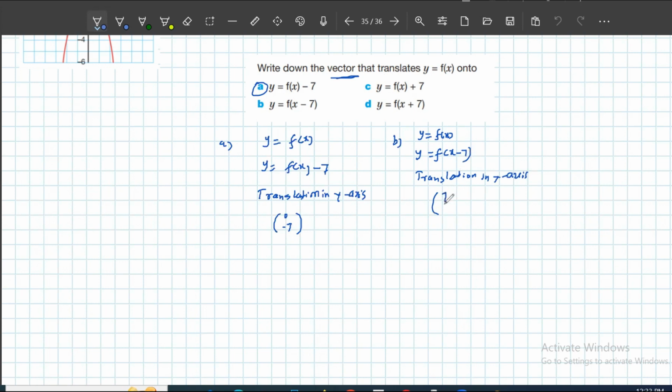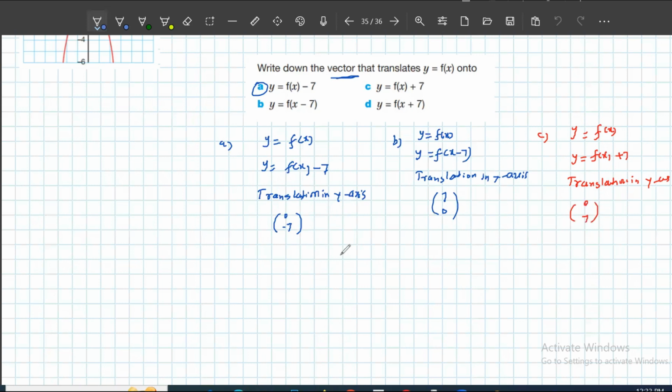So here we have minus, so we will write plus, (7, 0). And if we check the next one, which is part c, y is equal to f of x, and now y is equal to f of x plus 7. So this is translation in the y-axis, and our translation vector is (0, 7).